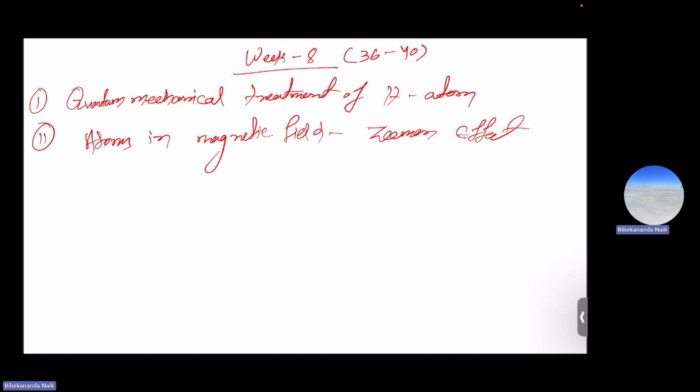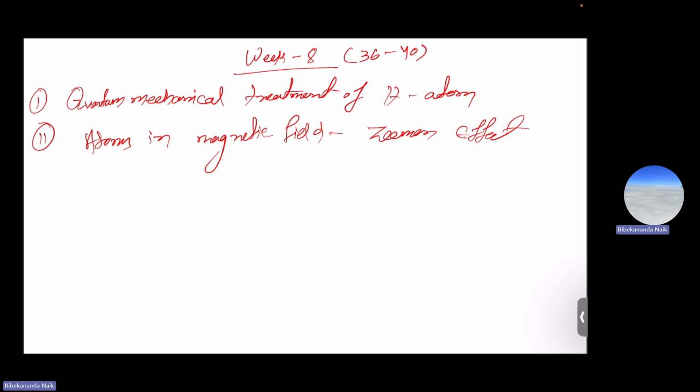Whether it be spin magnetic moment or orbital magnetic moment, that depends upon the motion we are considering. That will interact with the external magnetic field. So when the atom is placed in an external magnetic field, it will have some interaction energy, which will perturb the energy of the electron, due to which there will be splitting of the spectral lines.